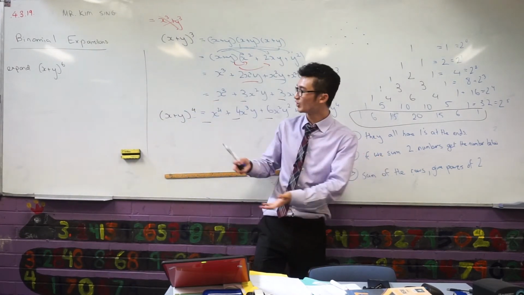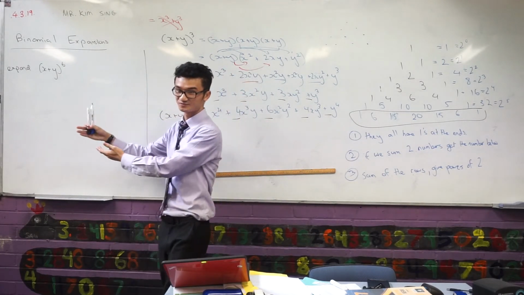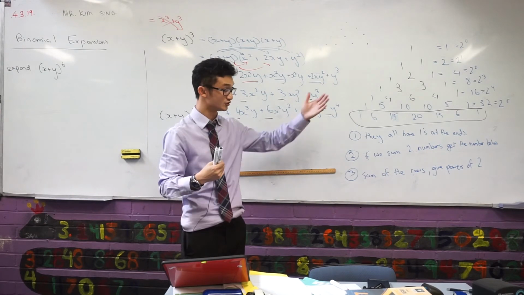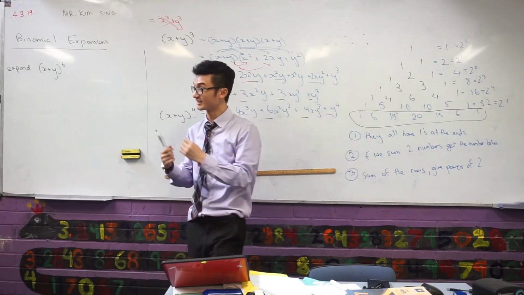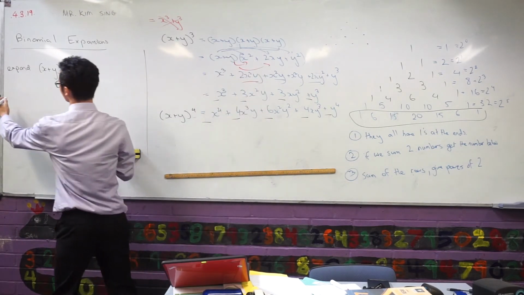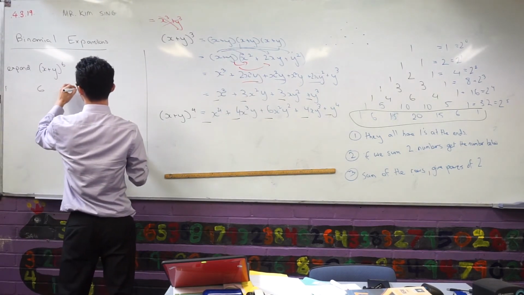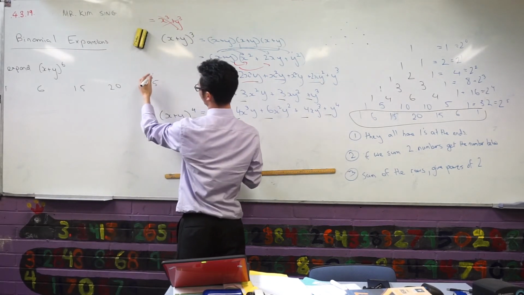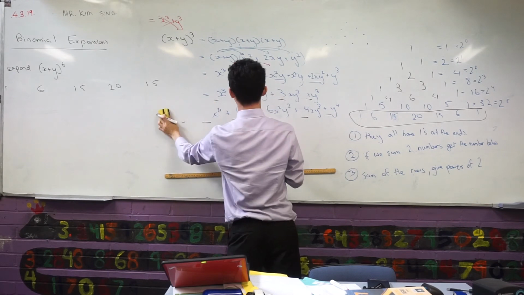So if I want to expand x plus y all to the power 6 without starting from scratch, I can use Pascal's triangle. I can cheat a little bit. I know the coefficients are going to be 1, 6, 15, 20, 15, 6, 1.